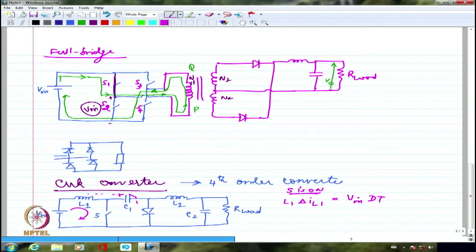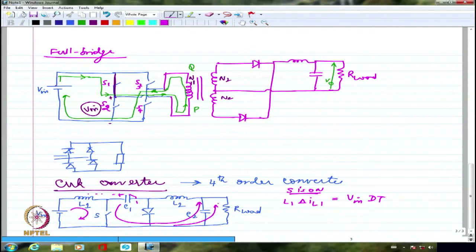So when I switch on this particular switch, because the capacitance is already pre-charged, it will be able to circulate a current somewhat like this. So it will be able to circulate a current through L2 as well as maybe the load. It will be able to do a circulation somewhat like this.